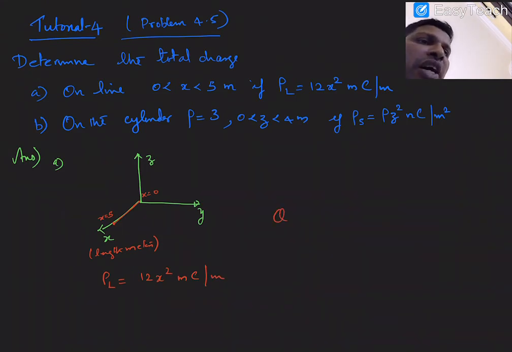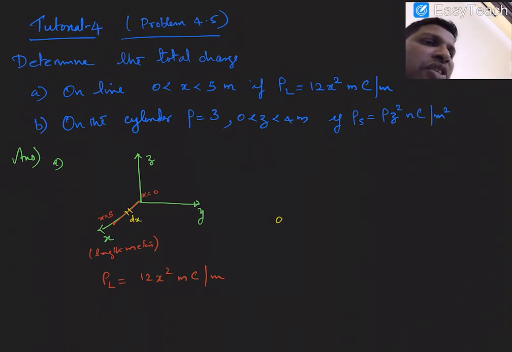So the total charge is given by integration, because this is a small line. The charge along a small part, for example, let us consider a small piece dx.